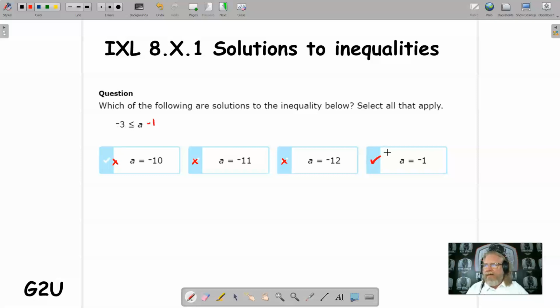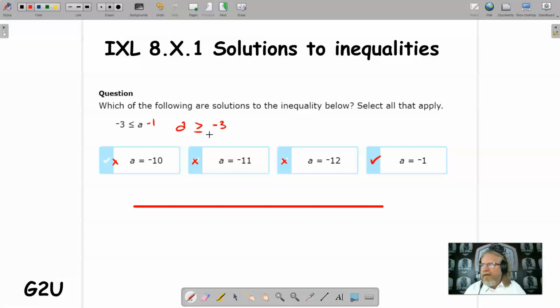Indeed, that is correct. So another way to do this that I kind of like, especially whenever you have several of them that could be possible, is to go ahead and just on a piece of scratch paper, if you have a piece of scratch paper handy, just draw out a number line real quick, graph that point, and on this one here, I would rather think of this as A on the left, -3 on the right, and then let's switch the sign.